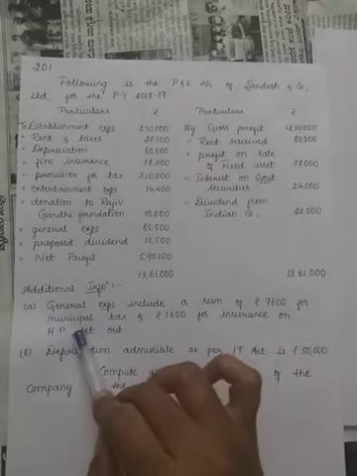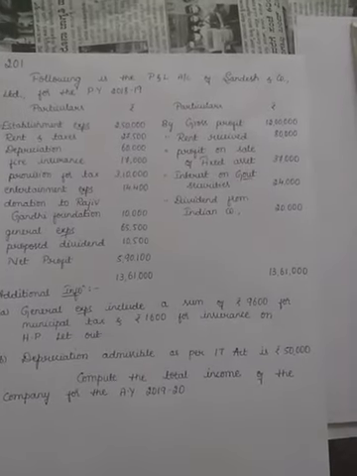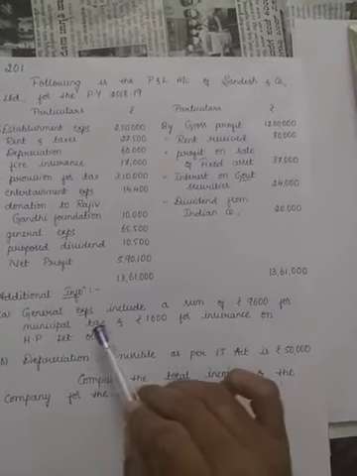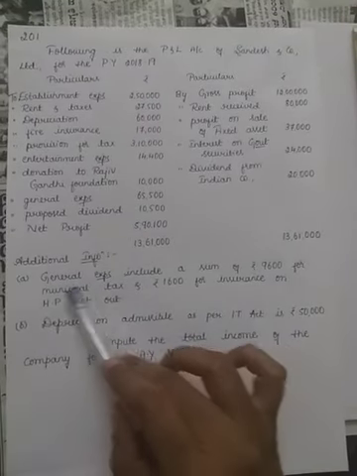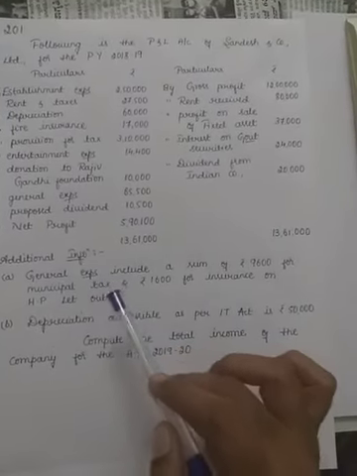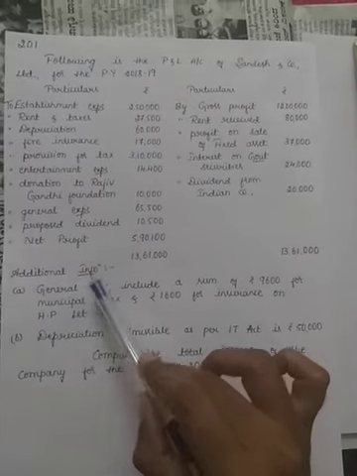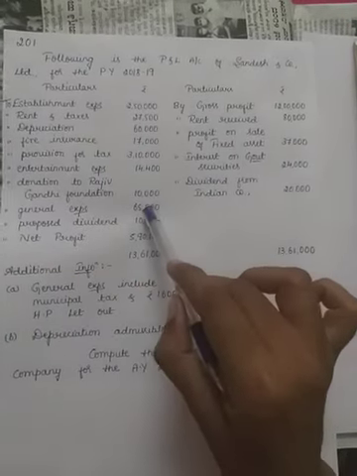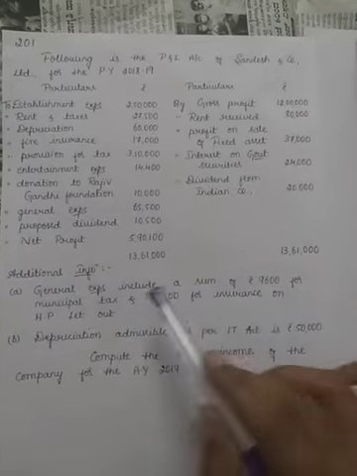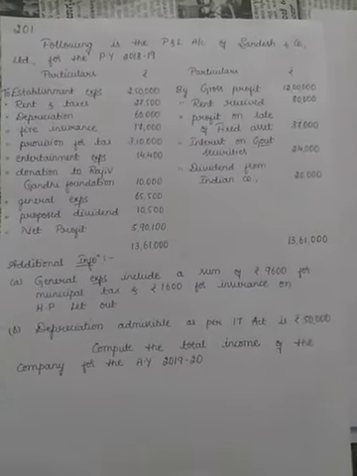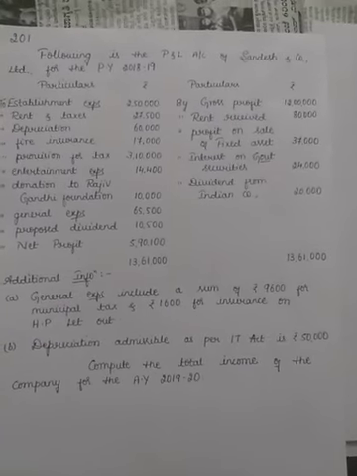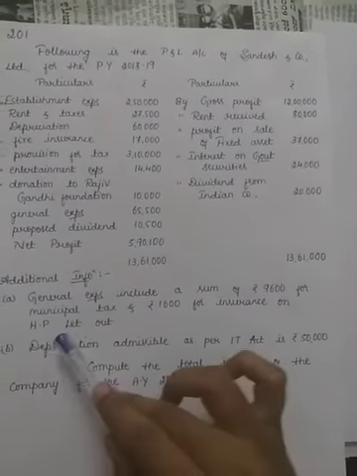House property is completely separate from business, and hence the 9,600 municipal tax and 1,600 insurance related to house property are to be considered here. So instead of the general expenses amount, we will consider municipal tax and fire insurance premium related to house property. So add municipal tax and insurance on HP.